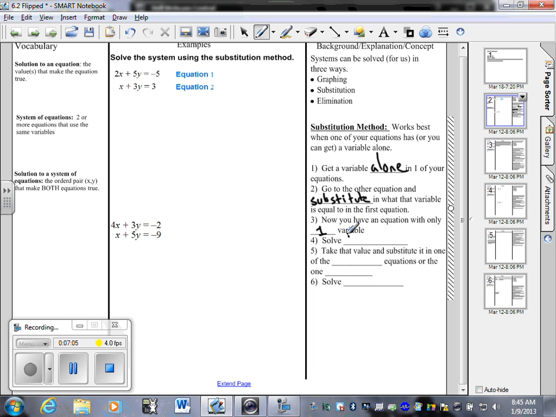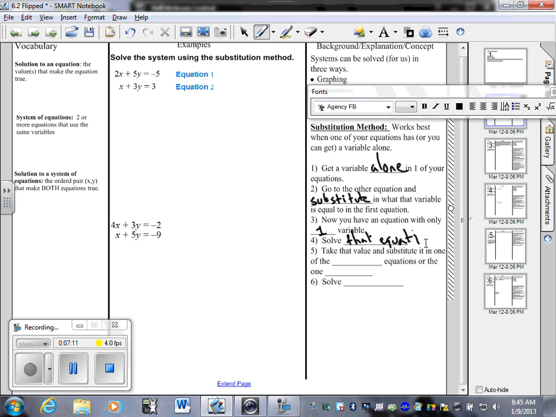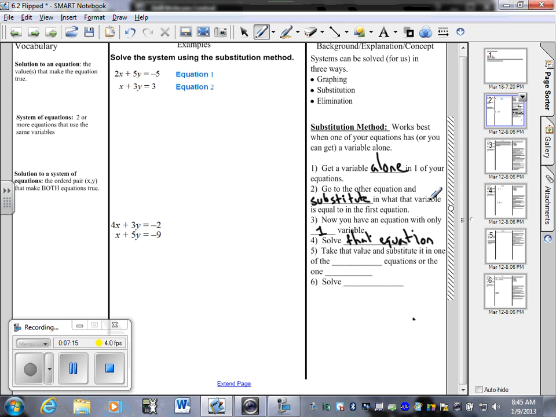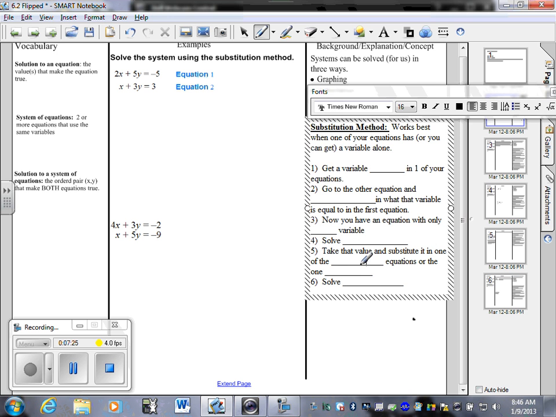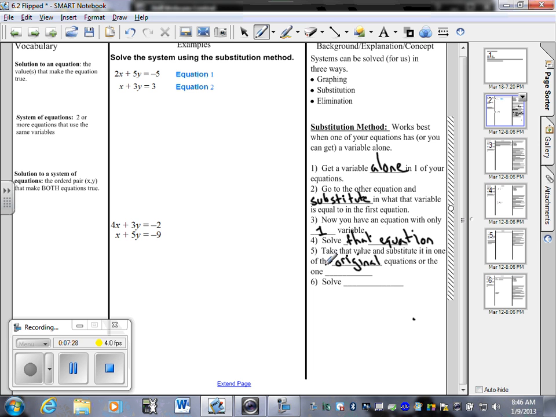All right, step 4, we want to solve that equation. Step 5, we want to take that value and substitute it into one of the original equations, or one of the equations we made.